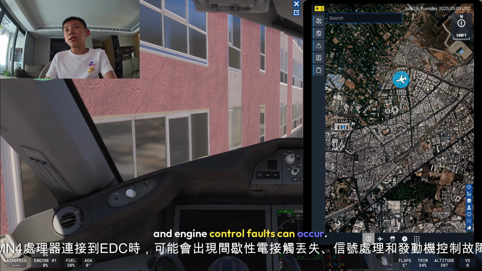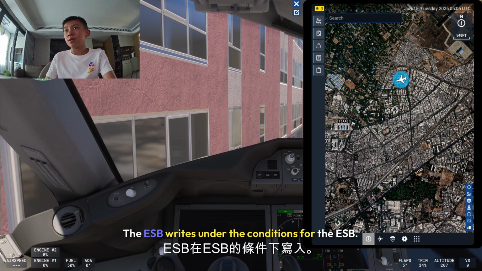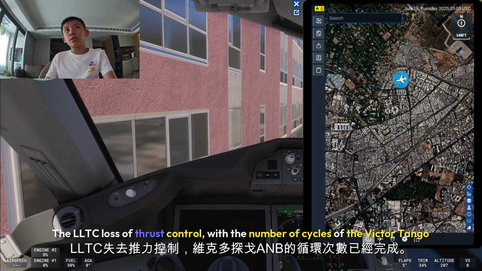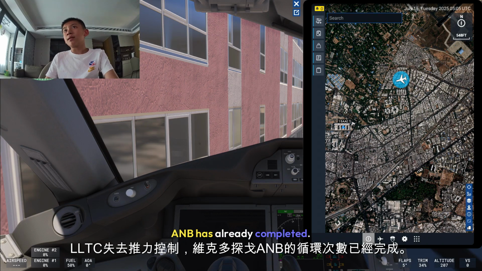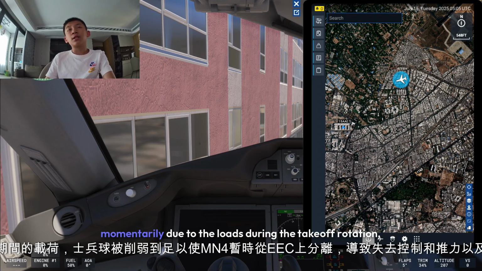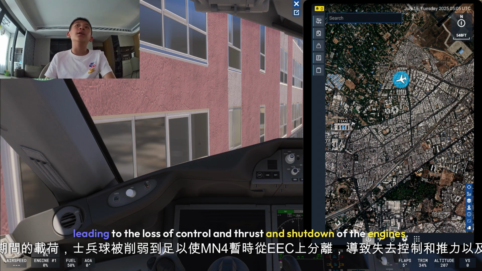The SB writes under the conditions for the SB: the LOTC, loss of thrust control, with the number of cycles of the VT-ANB has already completed. The solder balls were weakened sufficiently to detach the MN4 from the EEC momentarily due to the loads during the takeoff rotation, leading to the loss of control and thrust and shutdown of the engines.